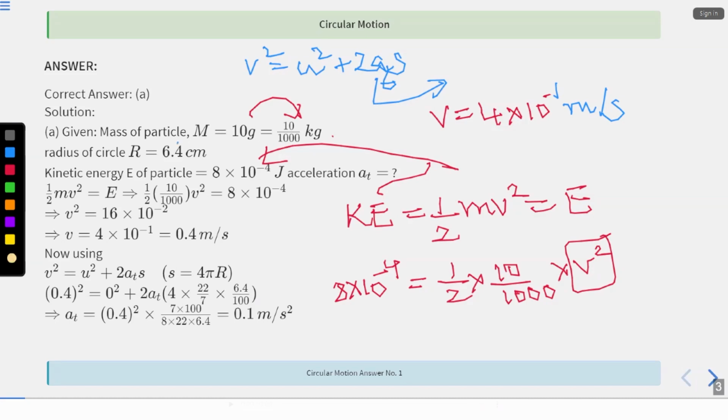One thing again, this was in centimeters, so we'll be converting it into meter and then using it. And why is it 4 pi r? Because we know that for one revolution, it is 2 pi r, because the distance is the circumference.